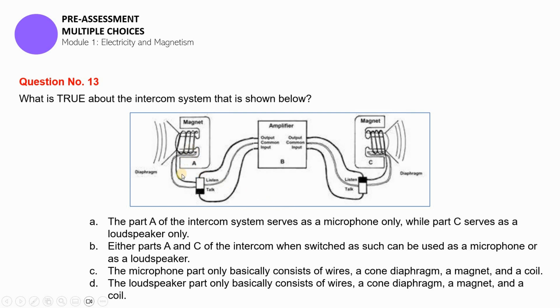Letter B. Either parts A and C of the intercom, when switched as such, can be used as a microphone or as a loudspeaker. Letter C. The microphone part only basically consists of wires, a cone diagram, a magnet, and a coil. Letter D. The loudspeaker part only basically consists of wires, a cone diagram, a magnet, and a coil. If you need more time, please pause this video.